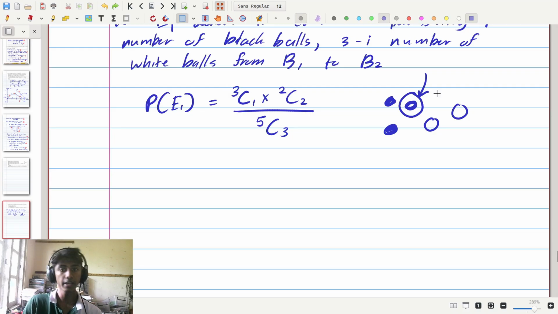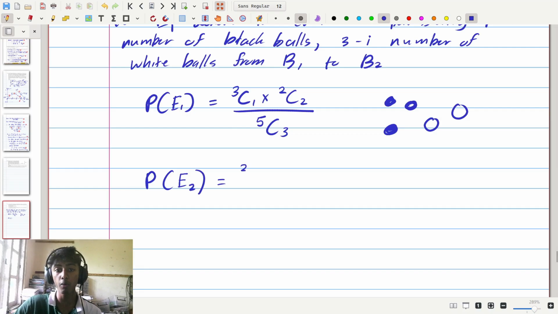Similarly, for event E2 to occur, we need to choose exactly 2 of our 3 black balls and exactly 1 of our 2 white balls. We divide this number by the total possibilities, which is 5 choose 3.